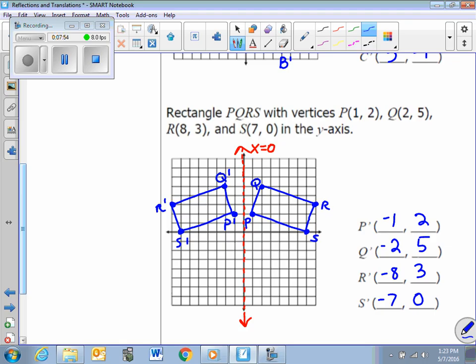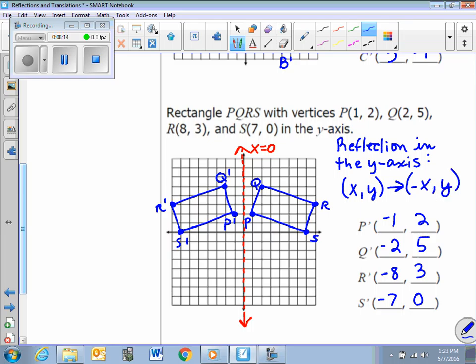So that means when we have a reflection in the y-axis, we will always follow this rule that (x, y) will map to (-x, y).